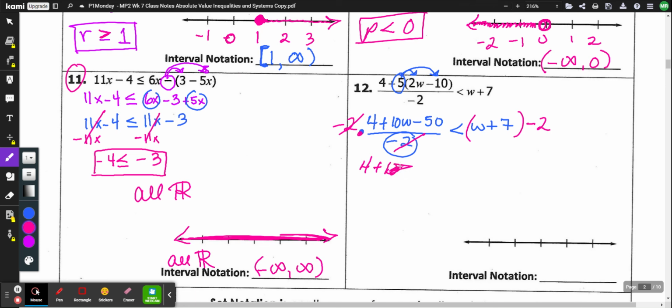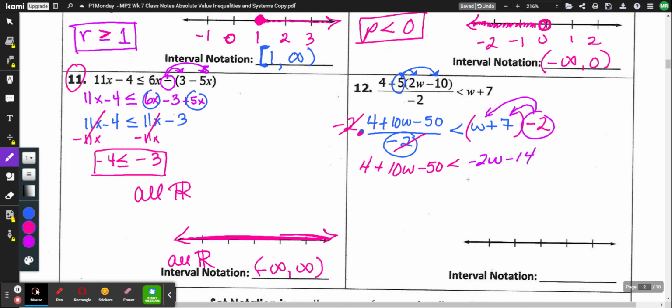Oops. Let's try this again. 4 plus 10w minus 50 less than, this is multiplied by negative 2, so I have to distribute this to the inside of here. Negative 2w minus 14.